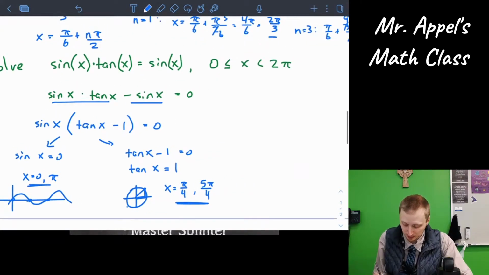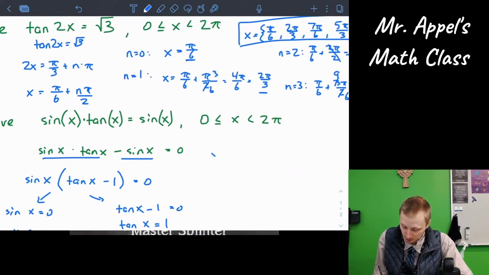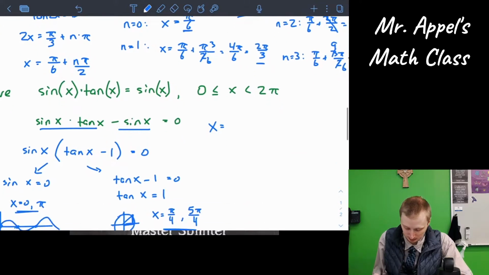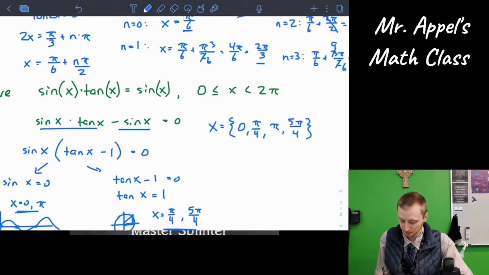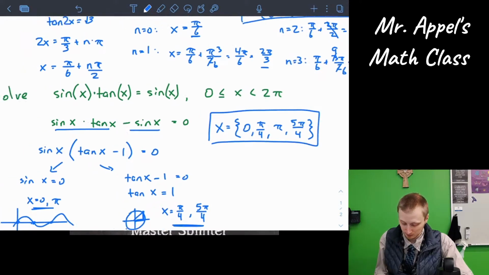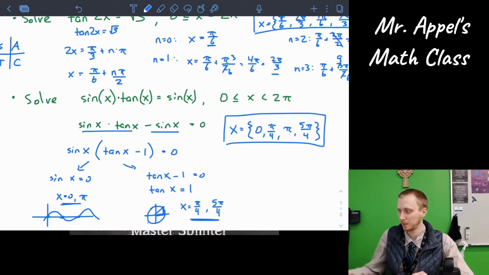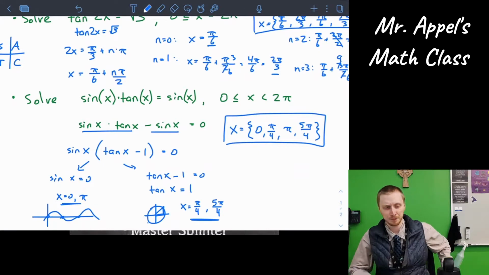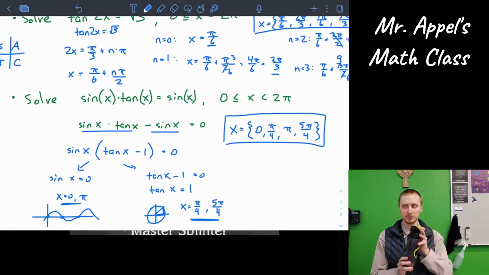Our final answer for the original equation is the full set of 0, let's try to put them in order, pi over 4, pi, and 5 pi over 4. Okay? Questions there?